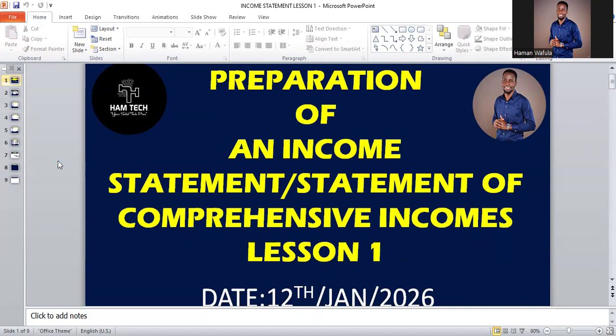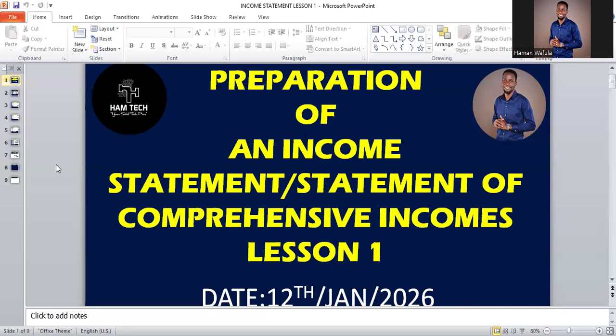We also have a balance sheet, of which the income statement determines the profitability of the business, and the balance sheet determines the financial position of the business. Specifically today, we are going to look at an income statement, or a statement of comprehensive incomes. An income statement is made up of two statements: a trading account and a profit and loss account.